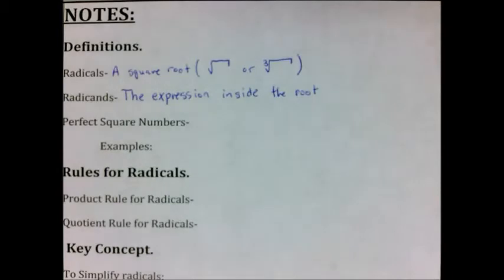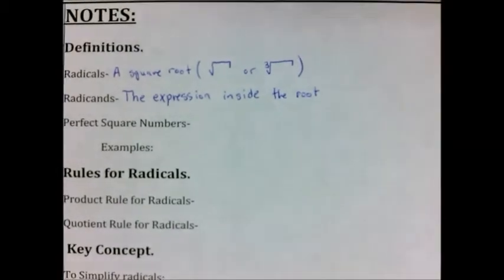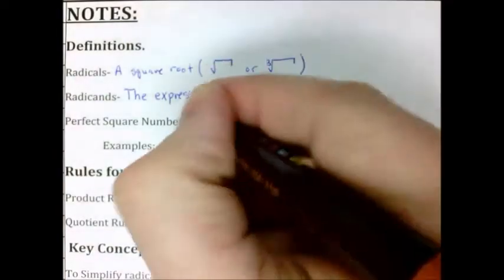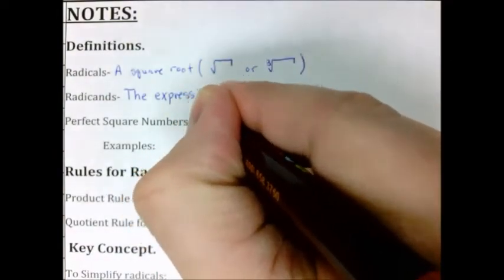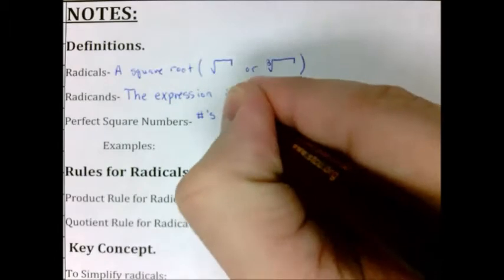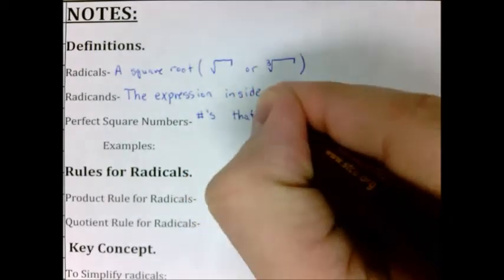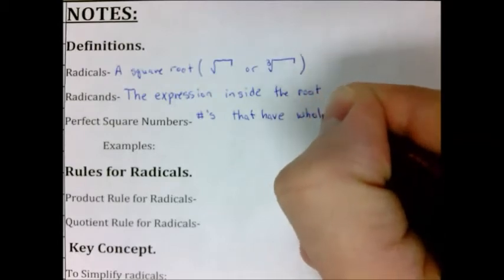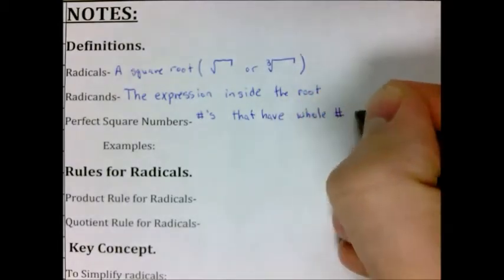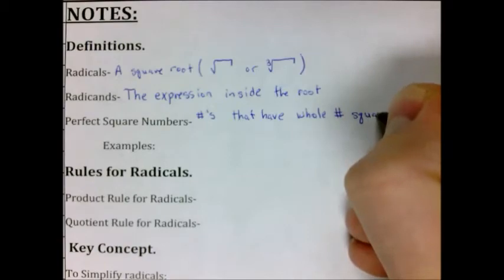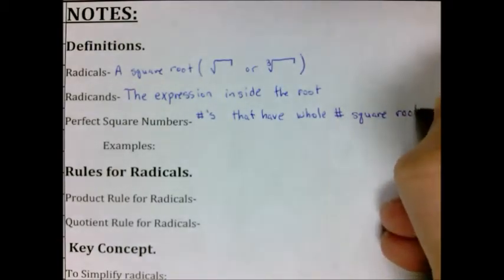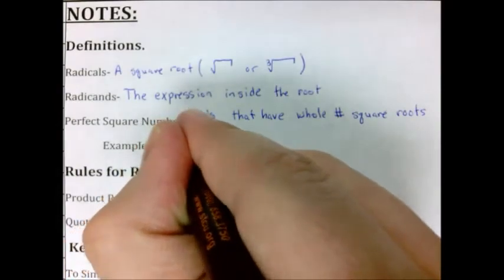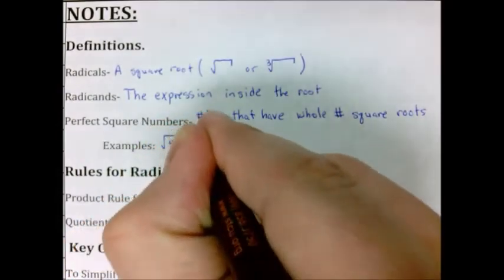Okay, and then the last thing we're going to define here is the perfect square numbers. Those are numbers that have whole number square roots. So if we give some examples, the square root of 4 is 2, right?